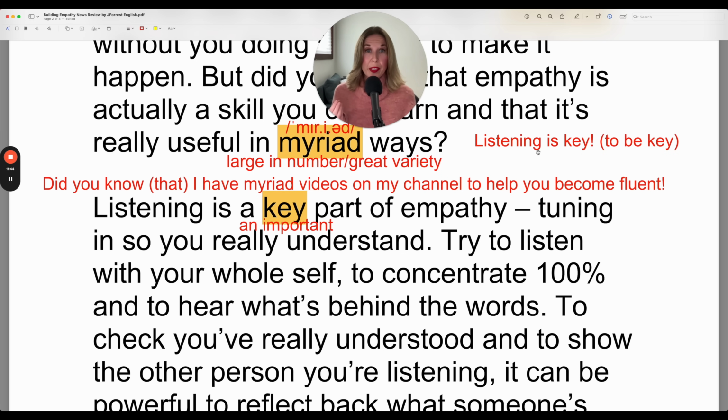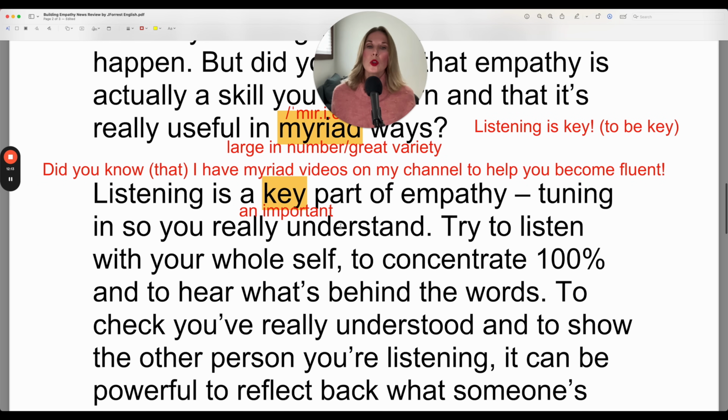This is frequently used in the structure to be key. For example, listening is key. Listening is very important. Depending on the context, it could be listening is the most important. So it can be important, very important, or the most important, depending on context. Listening is key. Listening is a key part, important part of empathy.